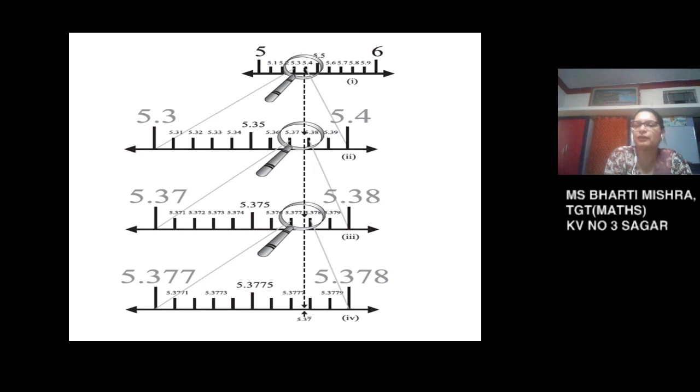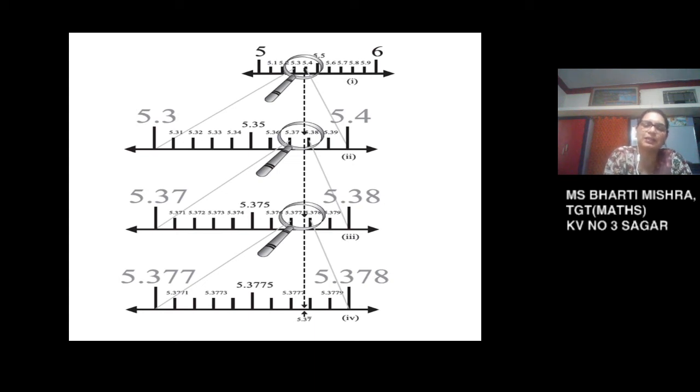Now putting the magnifying glass on these particular numbers, in the enlarged view, again we are writing 10 decimals between 5.37 and 5.38. So this comes to be 5.371, 5.372, 5.373, and here comes 5.377 and 5.3778. Now this is the point that lies in between, 5.37777.